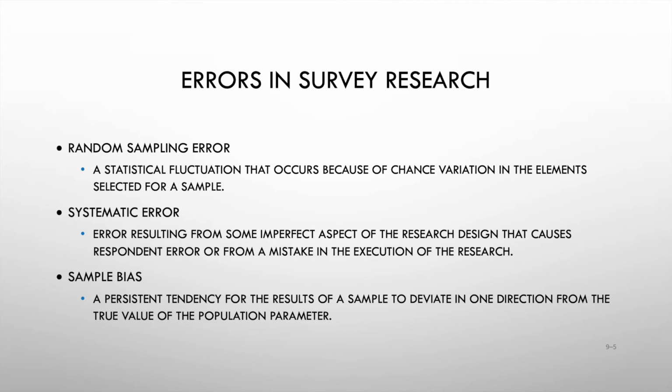Now, just with anything else, there's always errors, and there are errors in survey research. For instance, we have the error of random sampling, and that means that something has happened in the population group that you have chosen to take part in the survey.